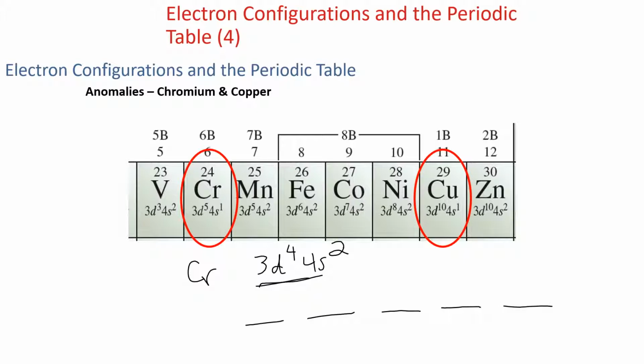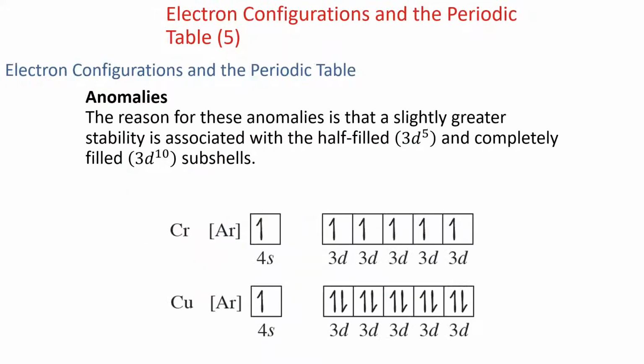Okay, so it's better for it to have 1 electron in each section of the d sublevel than it is to have 2 electrons in the full 4s. Okay. The other anomaly is copper, and for the same reason. It's better to have a full d sublevel than to have 1 electron missing and a full s sublevel.